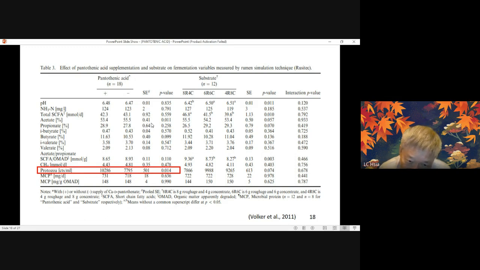Acetate is decreased, but pantothenic acid causes both propionic acid and butyric acid to increase. This is the same thing as when you put in more concentrate, you will have more propionic acid and butyric acid.